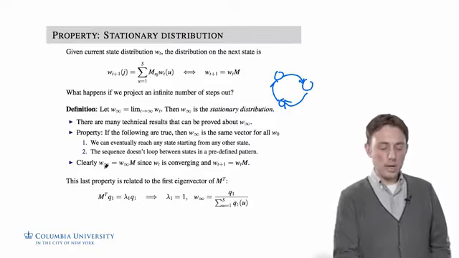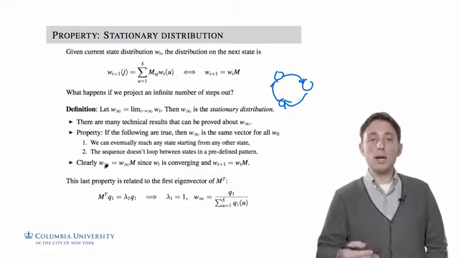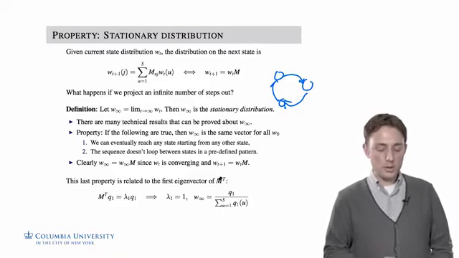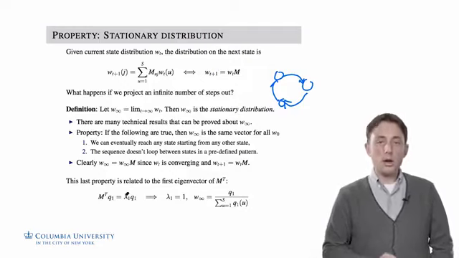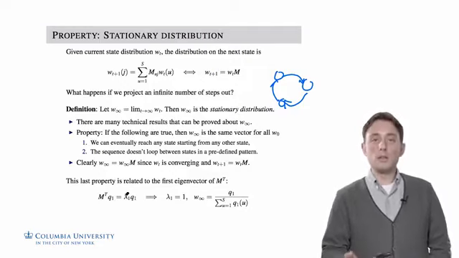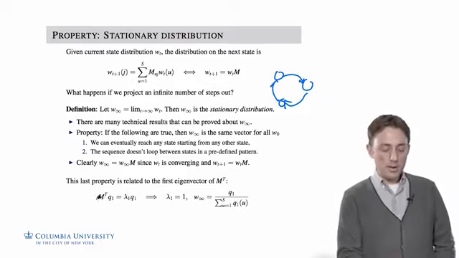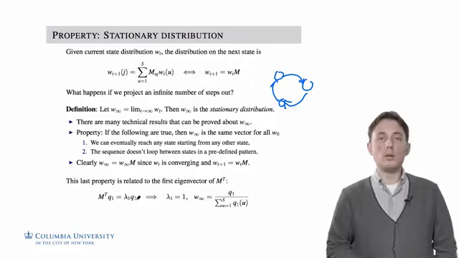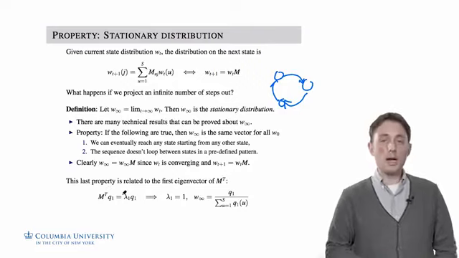So we're looking for a vector having this property to be our stationary vector. This is closely related to the eigenvectors of the transpose of the Markov transition matrix. Remember that q1 and lambda 1 are the first eigenvector and eigenvalue of a matrix M transpose if M transpose q1 is equal to lambda 1 q1. This is the property of an eigenvalue and an eigenvector.